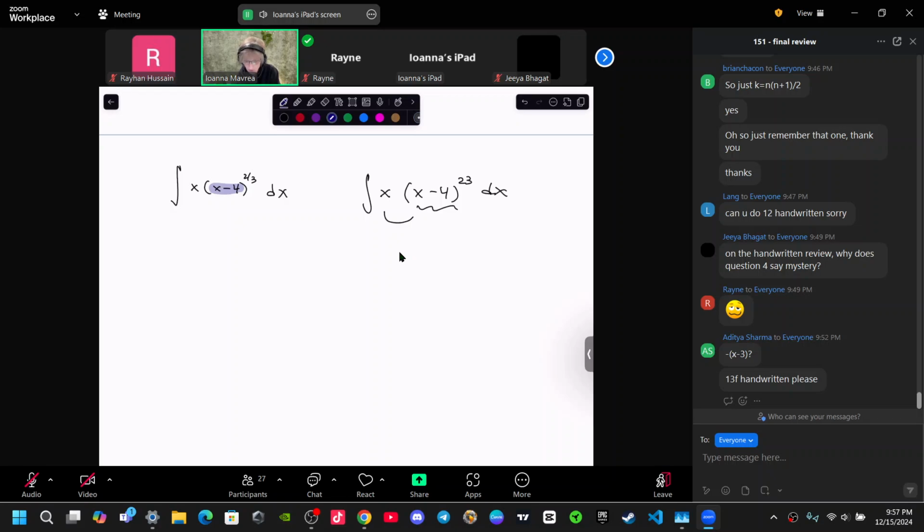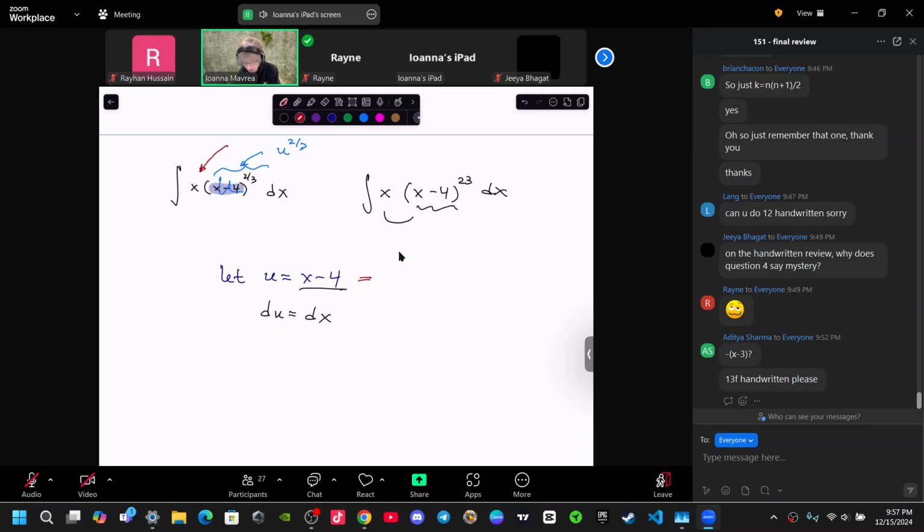Okay, so let u be equal to x minus 4. So this way you just have a simple u in here. Then du is equal to dx. It's the derivative, which is 1 times dx. So you know this thing is going to be replaced by u to the 2/3. But you also have to replace the x.